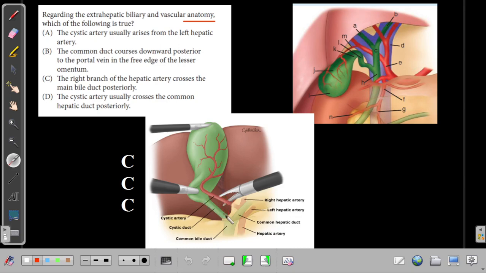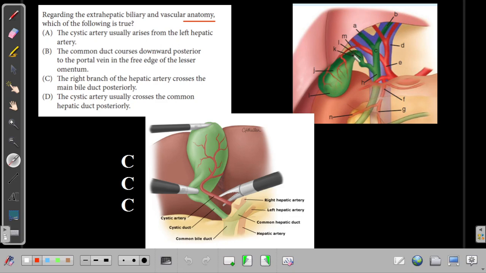In old textbooks, they identify Calot's triangle by three borders: inferior border of the liver, cystic duct, and common hepatic duct. Inside this triangle, you will find the right hepatic artery and cystic artery.